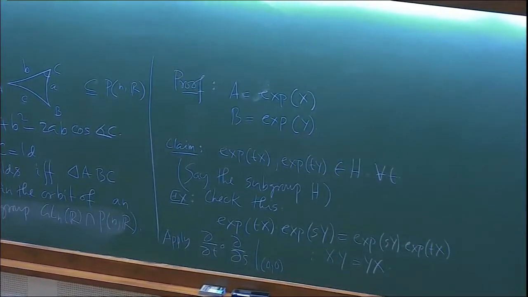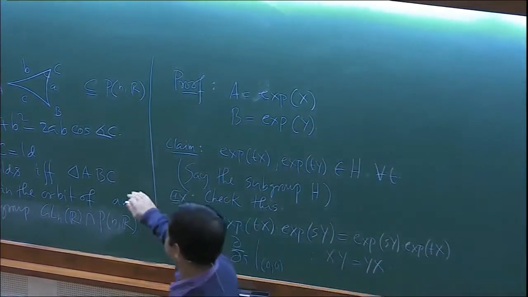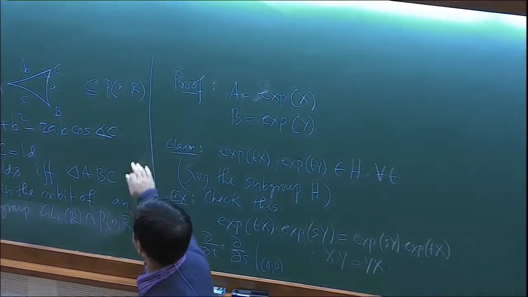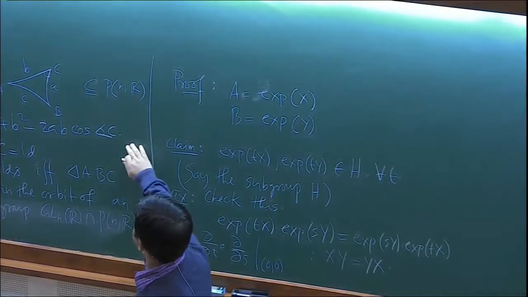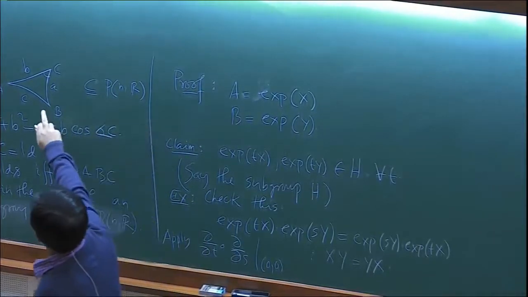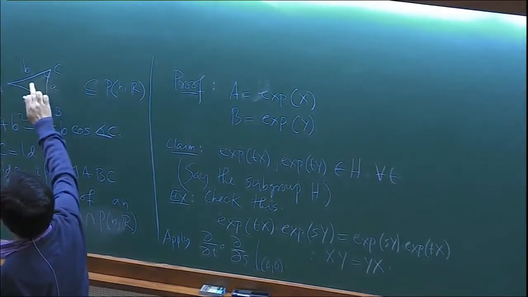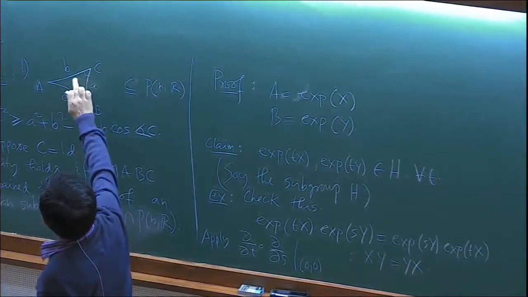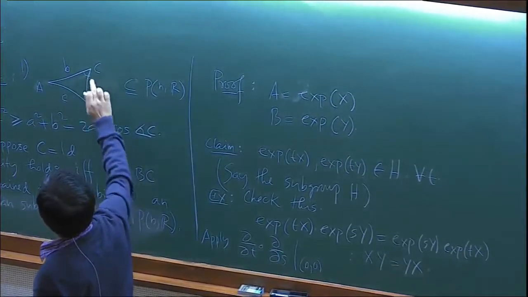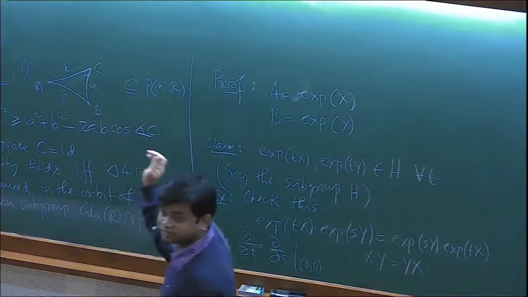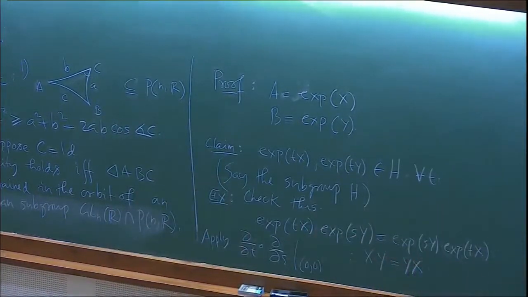Once you do that, you can apply the first part: if x and y commute, then for the geodesics t going to exponential tx and t going to exponential ty, this is an equality. So you can use the first part, and that will complete this proof.